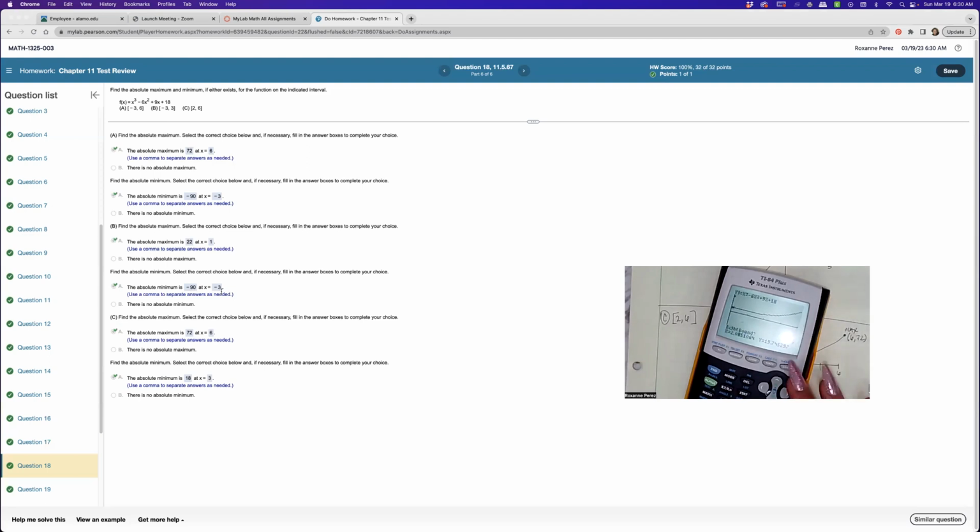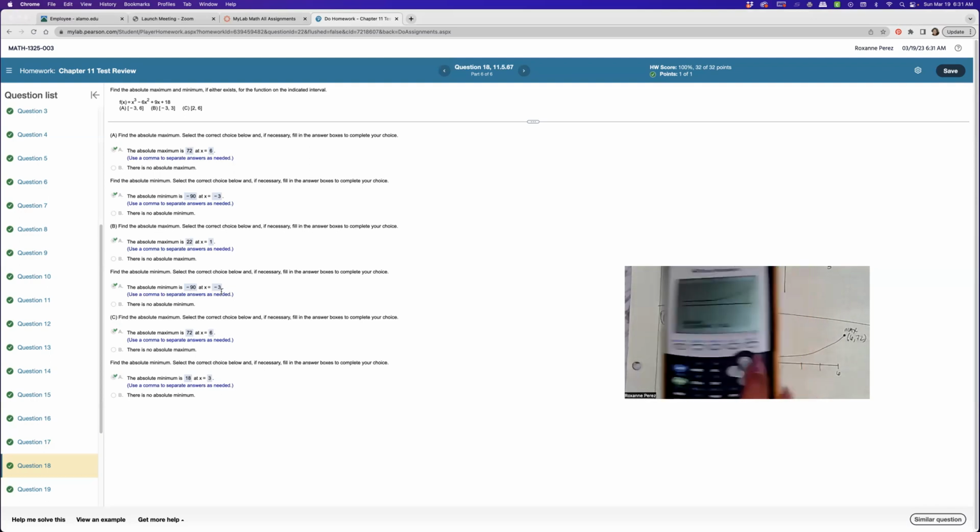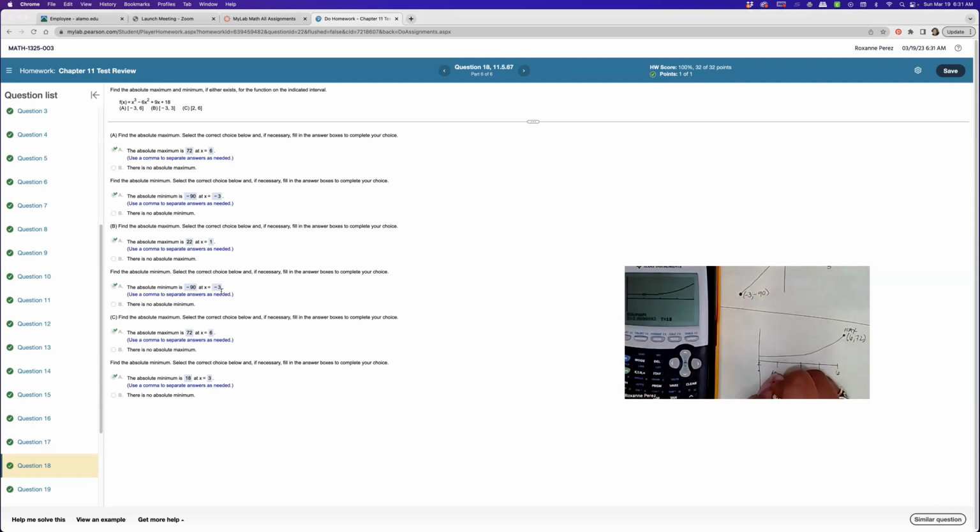We'll hit enter, and then again, until we see this function start increasing. Okay, so now slightly to the right, hit enter again. And there's our minimum. It occurs at 3, 18. This is your minimum.